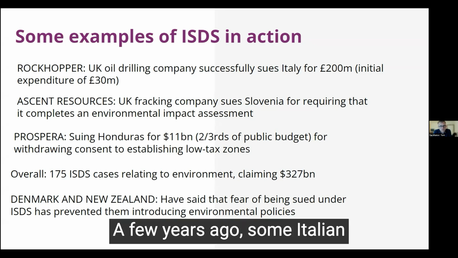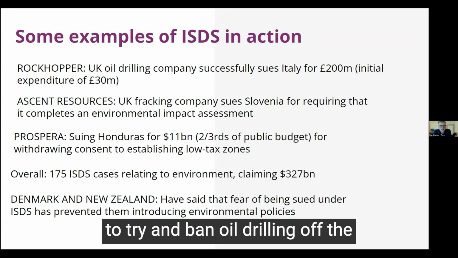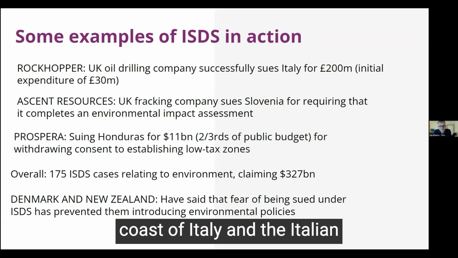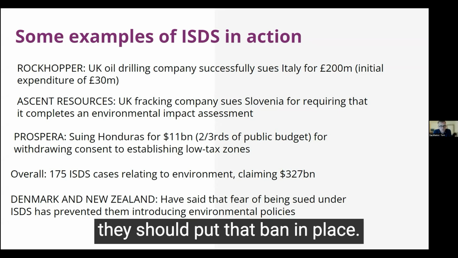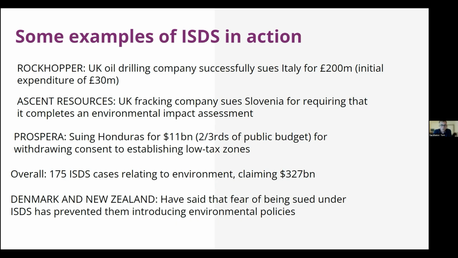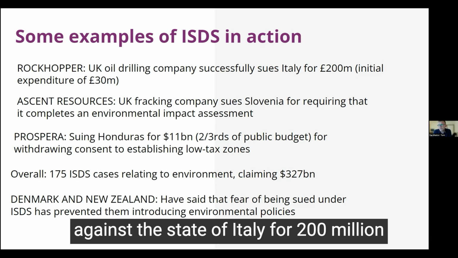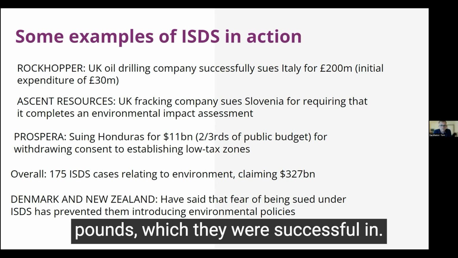A few years ago, some Italian communities led a big campaign to try and ban oil drilling off the coast of Italy, and the Italian government agreed that actually they should put that ban in place. So after the enactment of the ban, Rockhopper brought an ISDS case against the state of Italy for £200 million, which they were successful in.